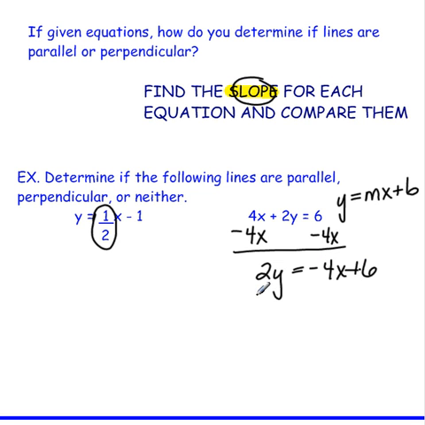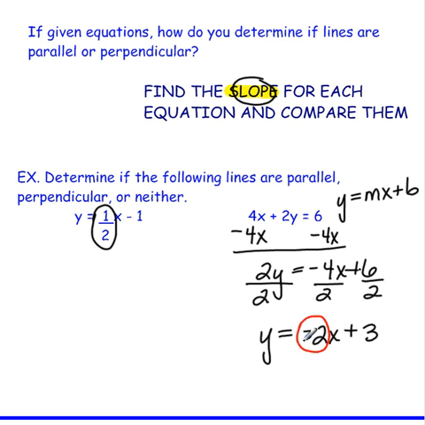Now, y is still not by itself, so let's keep going. I'm going to divide everything by 2. 2 divided by 2 is 1, and that's what we want. -4 divided by 2 is -2x, and 6 divided by 2 is 3. So now we are in slope-intercept form, which makes it easy to find where the slope actually is.